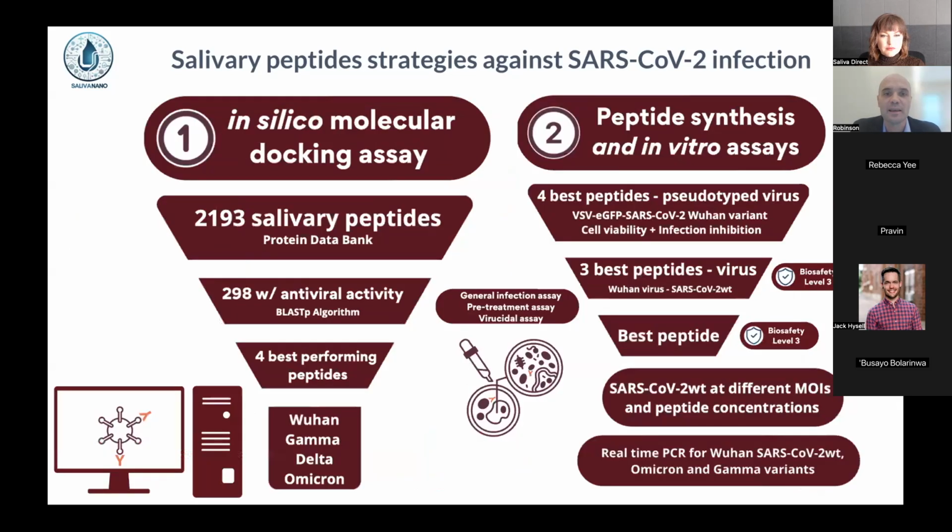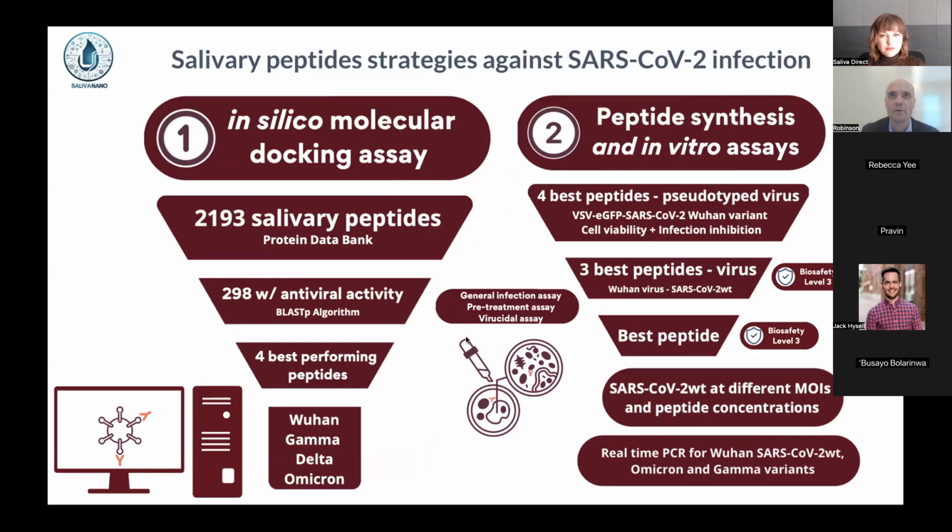To test our hypothesis, we used a peptide database with more than 2,000 salivary peptides, and we selected the 300 best peptides and conducted hundreds of bioinformatic dockings of these salivary peptides with our target.